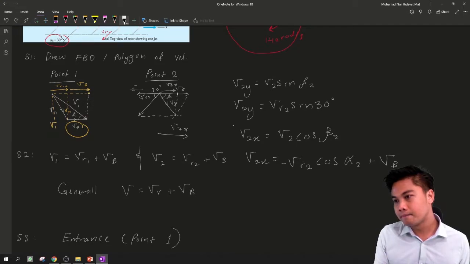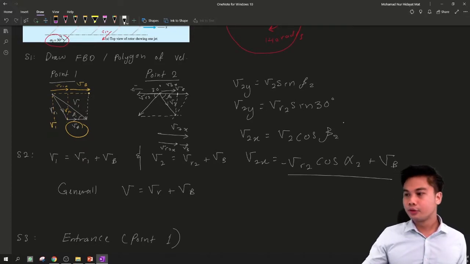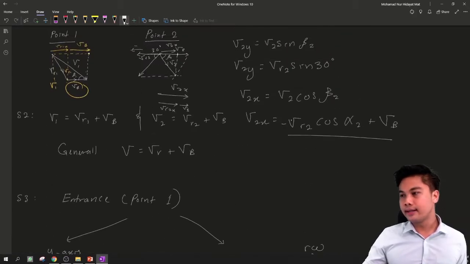This is negative VR2, which means it is pointing to the left. In order to reverse, you go negative VR2x, and then you have to plus VB. That's why it comes out with this.